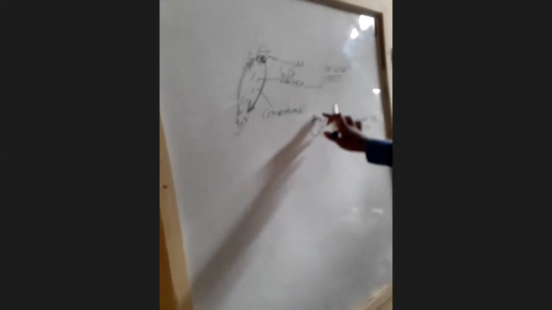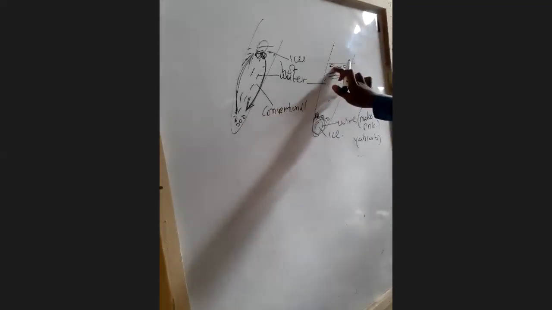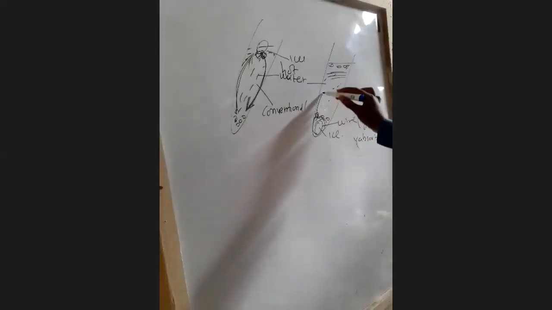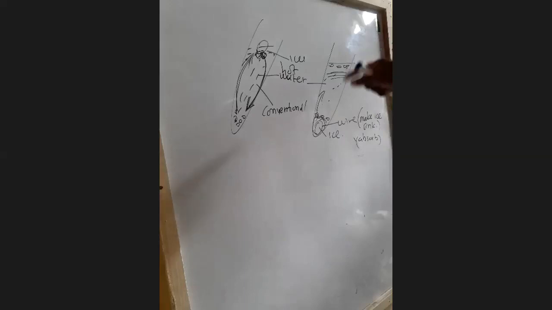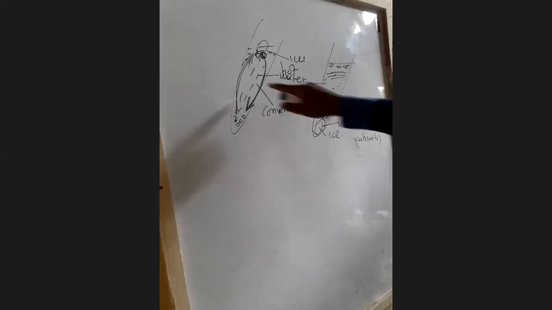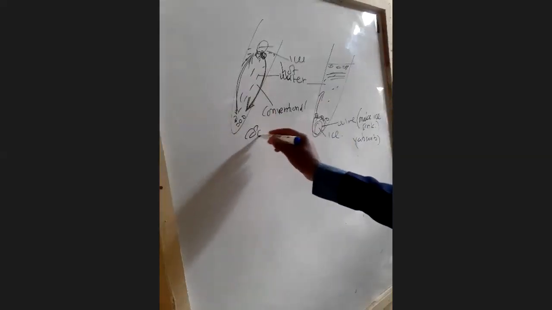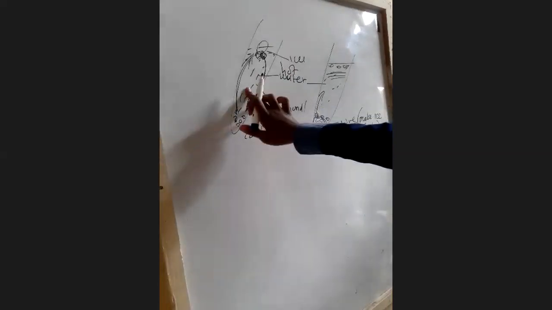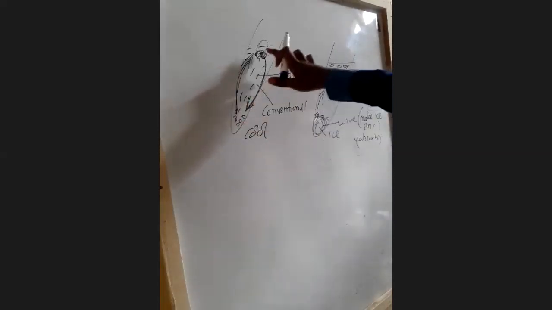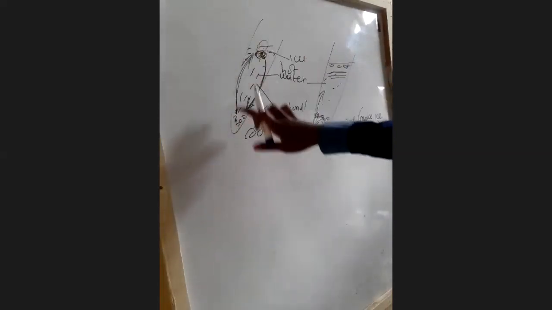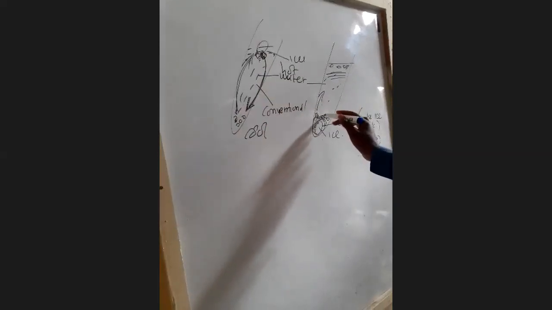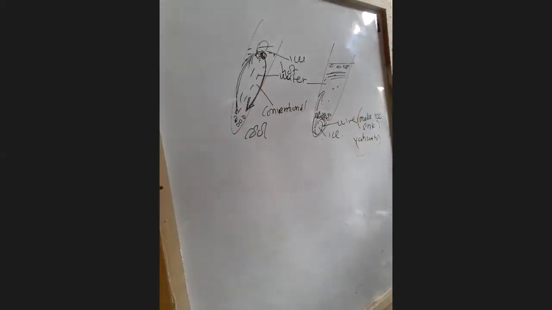If you look at this one, the ice here is going to cool the water below, and the cold water cannot displace the water above. So in this case, there is going to be no convection current or transfer of the energy. So we expect this to cool faster than this, because convection current will occur, which will make the hot water move up. But this one here, there will be no convection current. Okay?